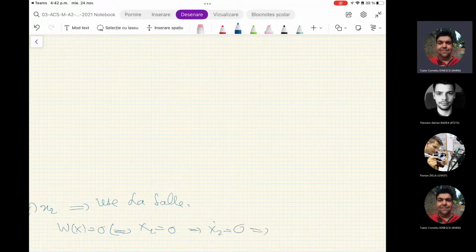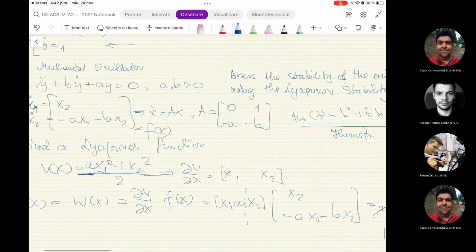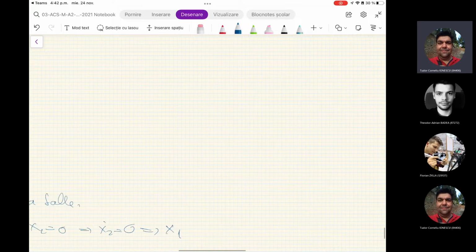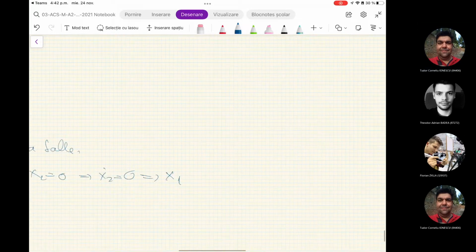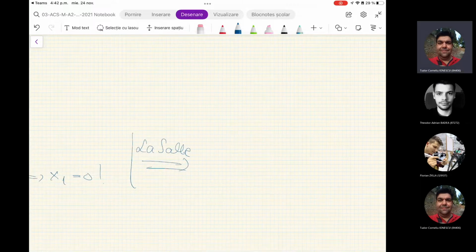If you look closely at the equation, x2 dot is 0 and x2 is 0, so you get a x1 is 0, which means x1 is 0 since a is non-zero. X1 is 0, the unique solution. So using LaSalle, the only constant energy you get is at 0, which means that 0 is asymptotically stable.